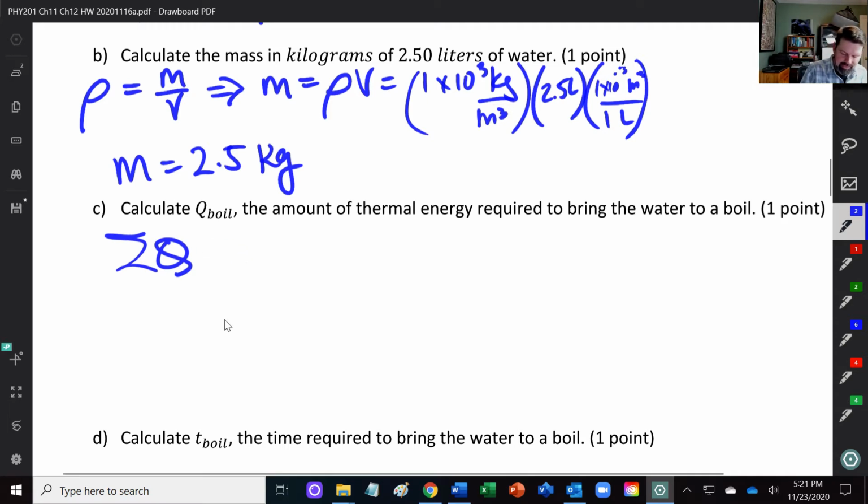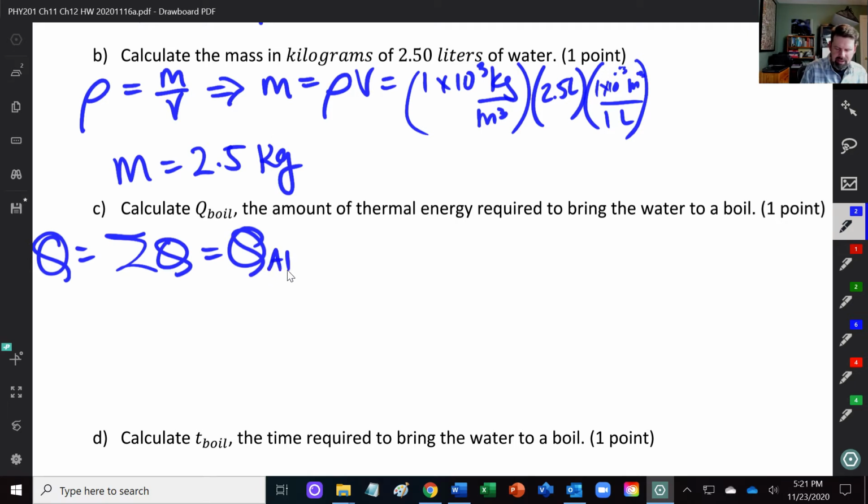Because we're not in an isolated system, the amount of heat is the sum of all of our heat. So it's the heat of the aluminum pot plus Q of the water. And how do we get those Q's? We get those Q's with our Q equals MC delta T.